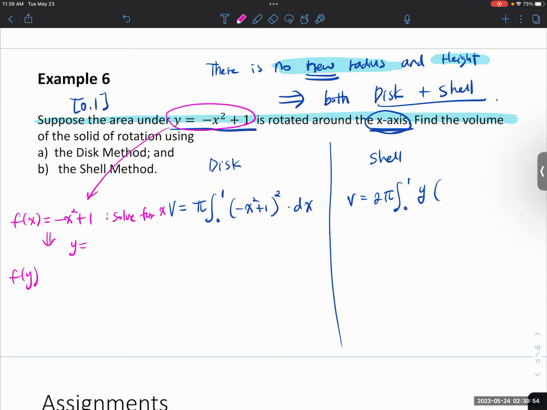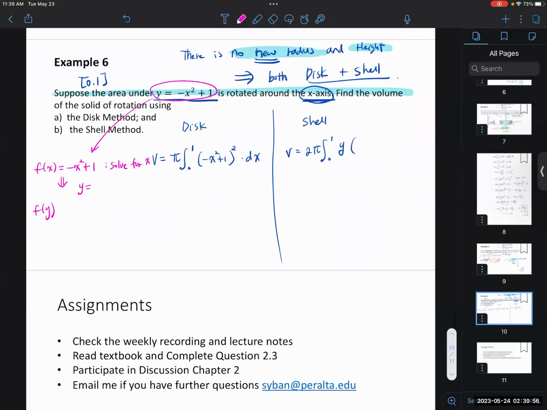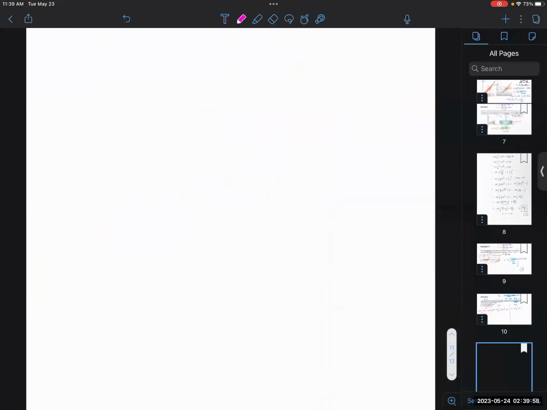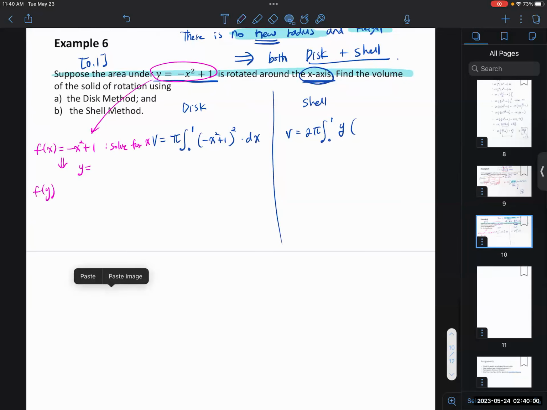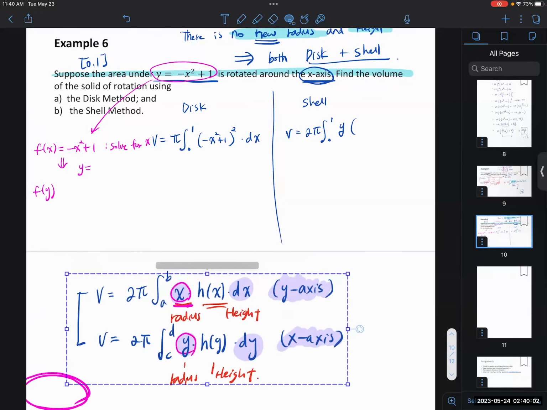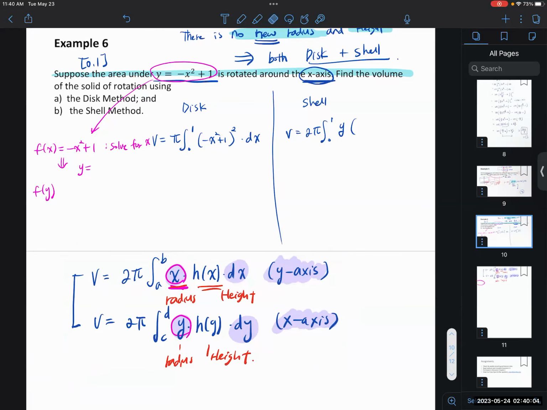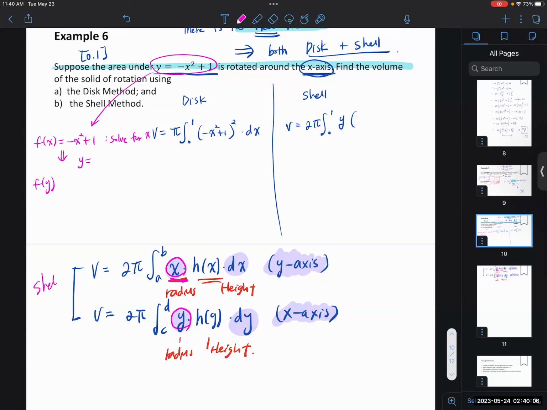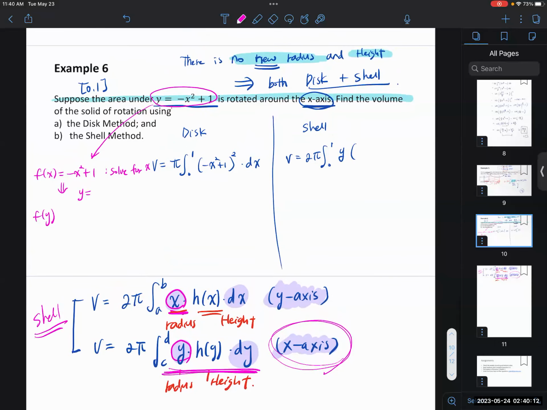Here in the shell method, if you rotate about the x-axis, everything should be in terms of the y variable. So we have to convert this x function in terms of the y variable. So y equals negative x squared plus 1.